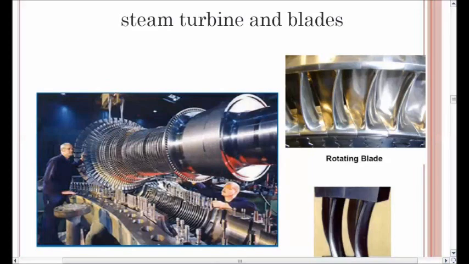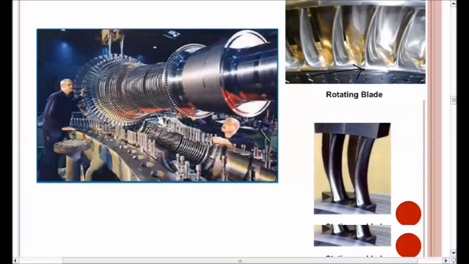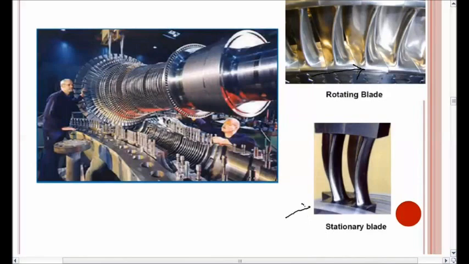So in this picture we can see the rotating blades and the stationary blades. So here is the whole arrangement of a steam turbine. Right here we can see a number of stages, which have both the rotating blade and the stationary blade.